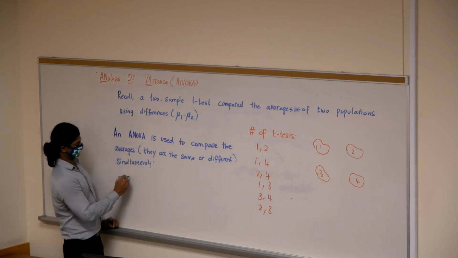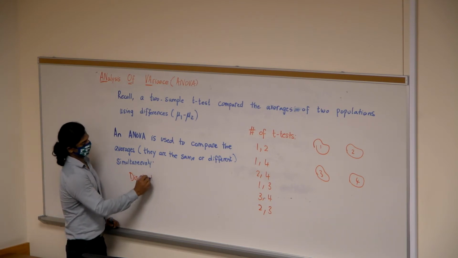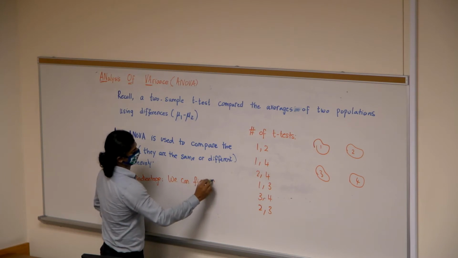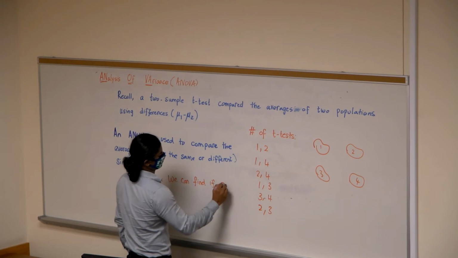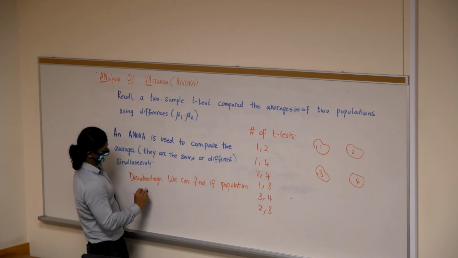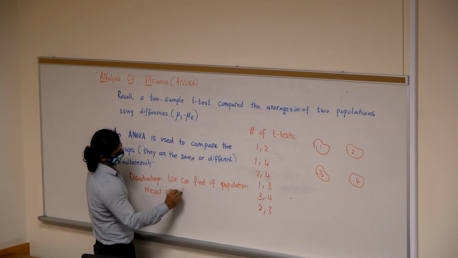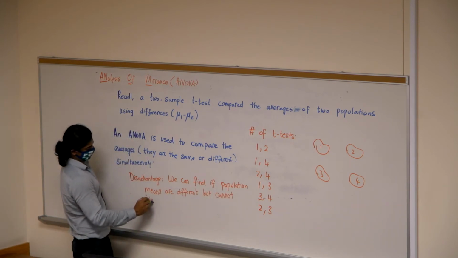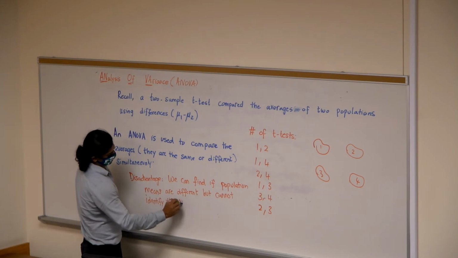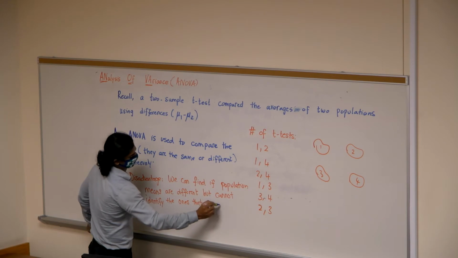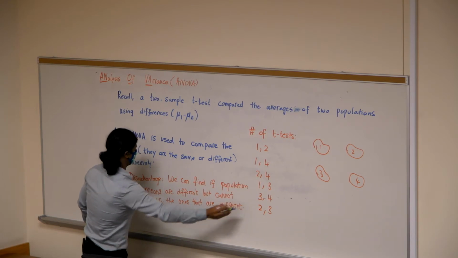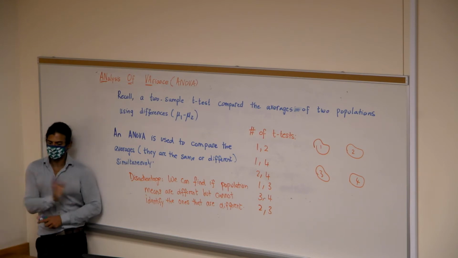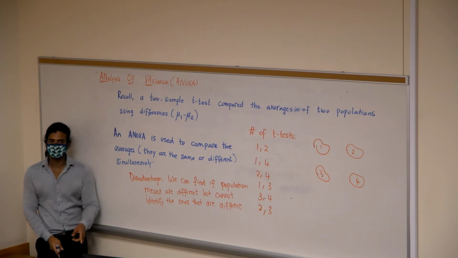But the issue here is that we can find if population means are different or not, and ANOVA is going to tell us, but we cannot identify which ones are different.